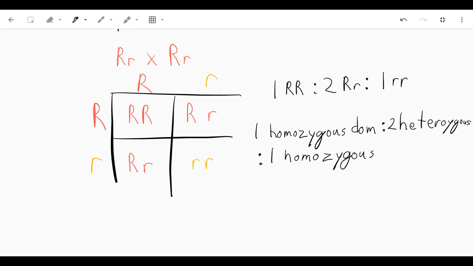Typically, though, we would actually want to write out what the genotypes are. So if it's asking you for the genotype, you'll probably be saying, okay, this is what the exact genotypes are. It's 1 big R, big R, 2 big R, little r's, to 1 little r, little r.